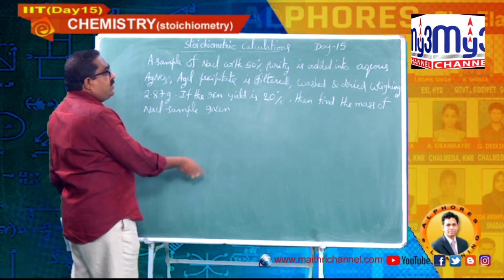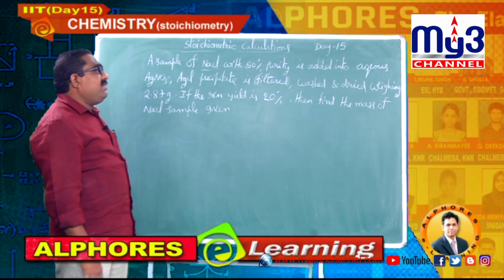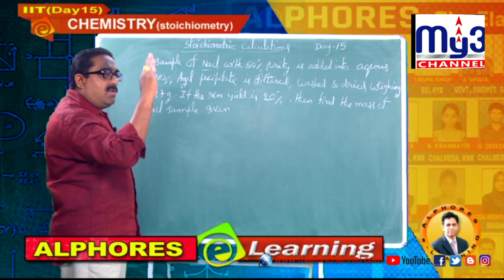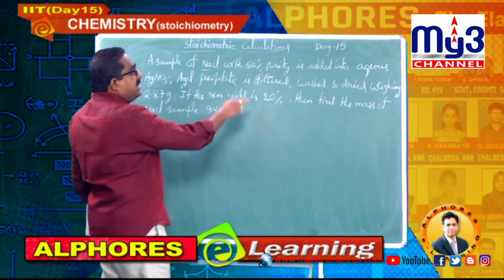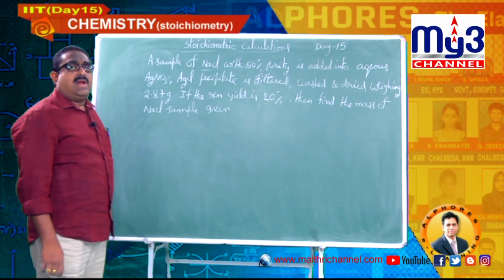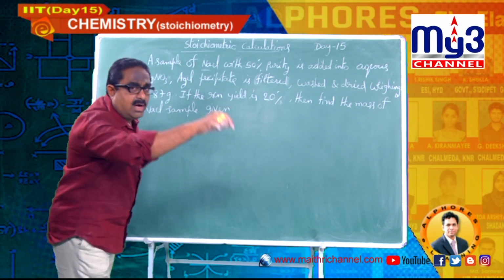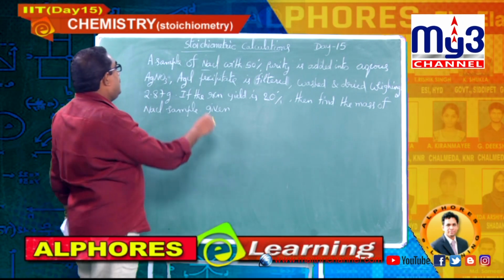A sample of sodium chloride with 50% purity means if you are given 100 grams, 50 grams is unwanted material and only 50 grams is sodium chloride. It is added to aqueous silver nitrate solution. This silver nitrate, a black colored powder, dissolved in water is called silver nitrate aqueous solution.